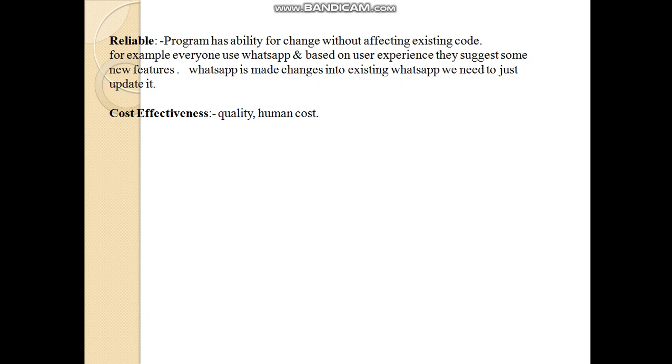So whatever code you write in any language should be reliable, meaning that when we add a new feature into the existing code, it should adapt. Then cost effectiveness, with respect to the quality of your software and with respect to the human cost.